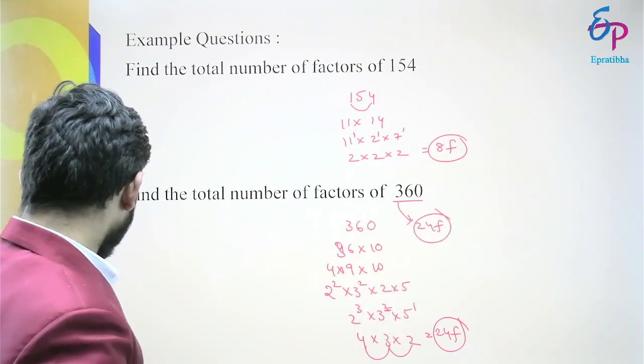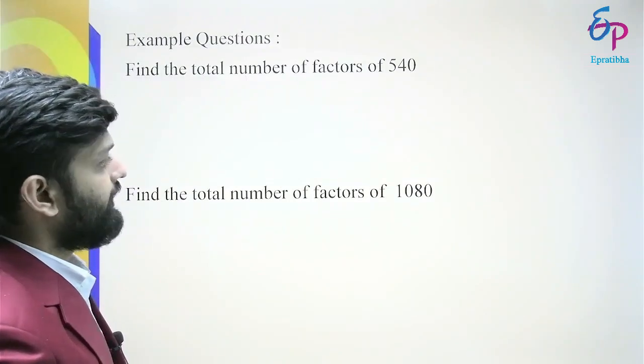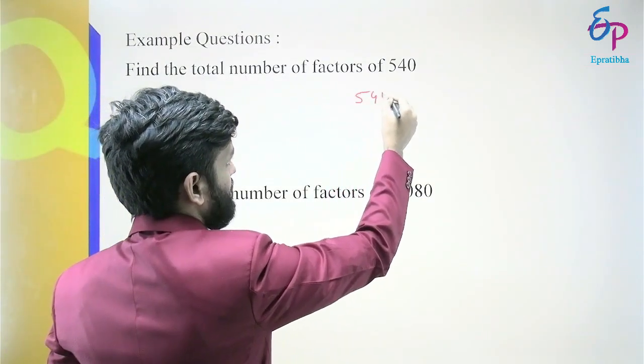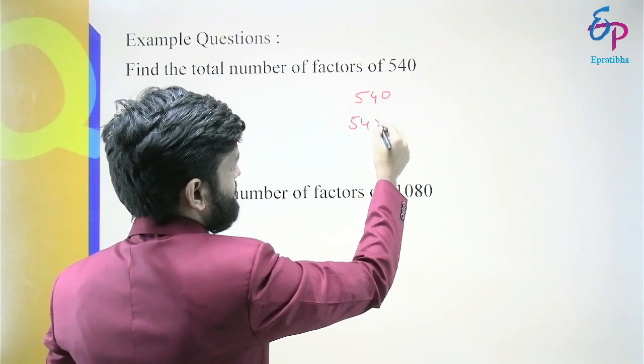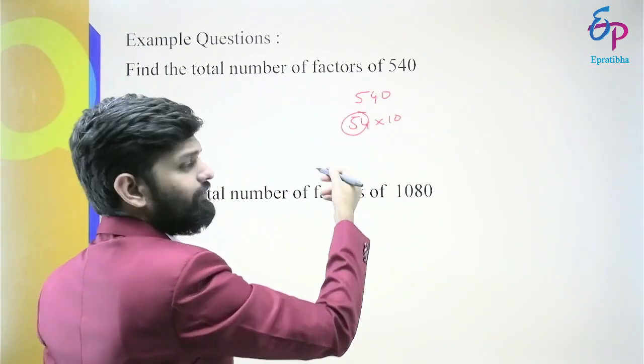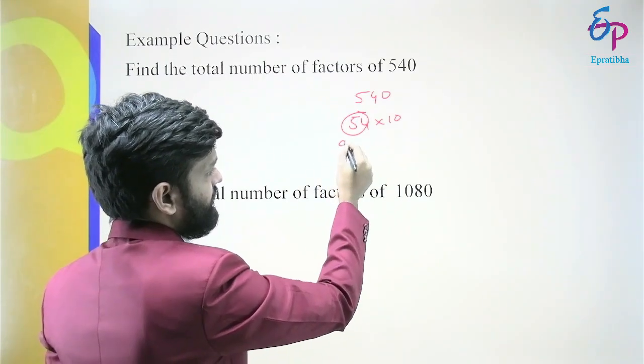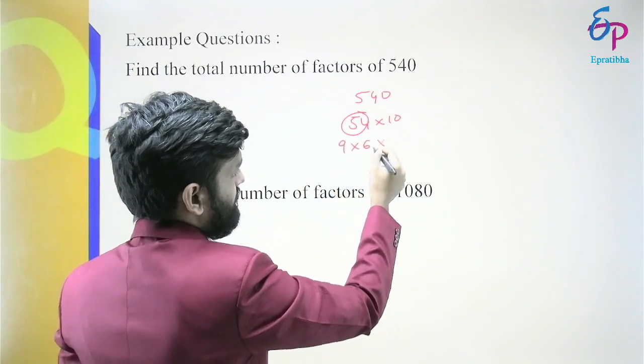So moving on, total number of factors for 540. 540 can be written as 54 into 10, is it not? So how can you write 54? 54 can be written in many forms, but you can write it as 9 into 6.